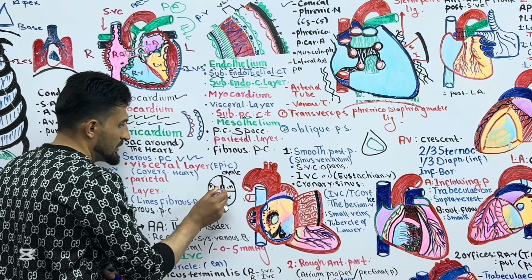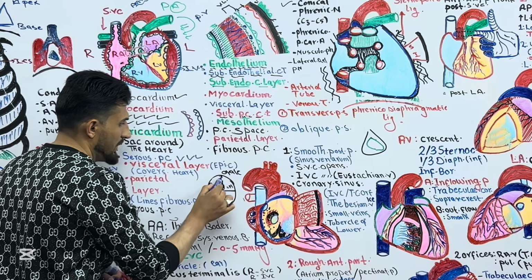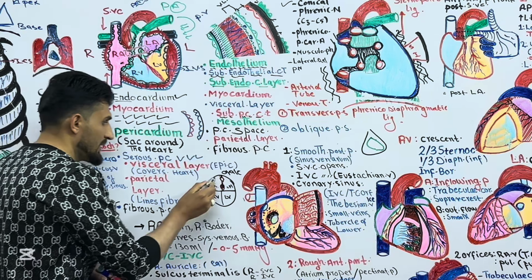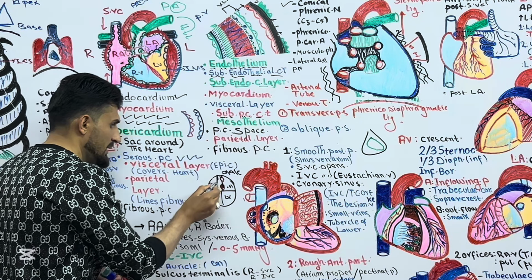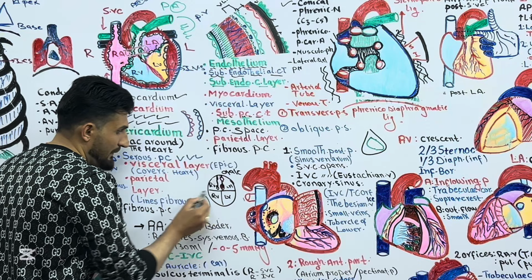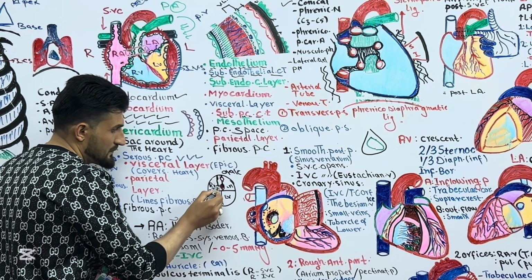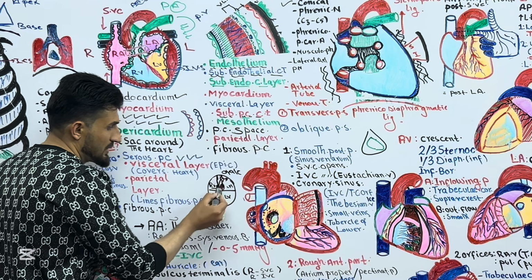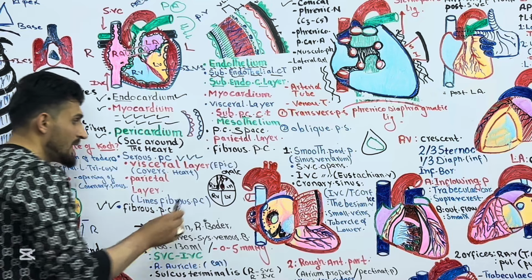Then it will be closed, and another foramen will be made, called the foramen secundum. Then another layer of septum will be made here, called the septum secundum, and here we have a foramen. This S-like structure is called the foramen ovale.